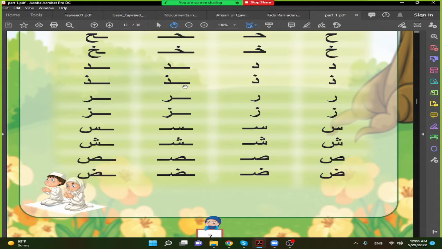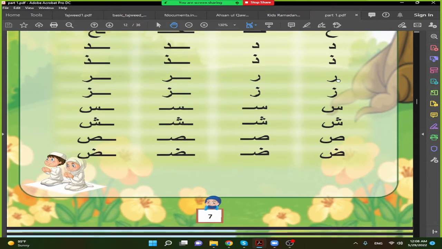This one. Sheen. Oh, my mouse was on Sheen. This one is Zal. Zal.